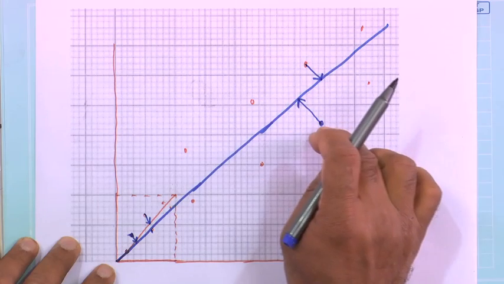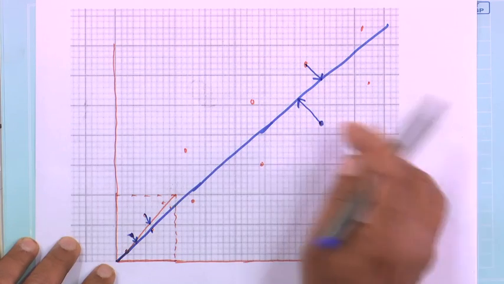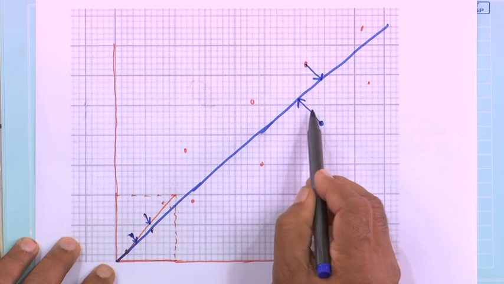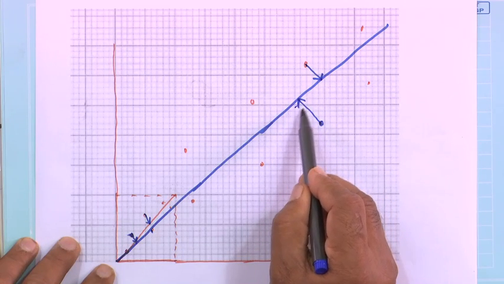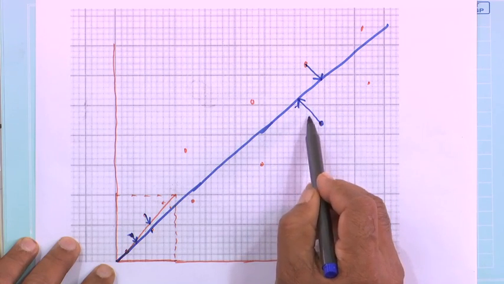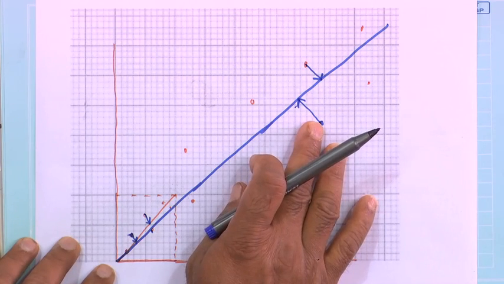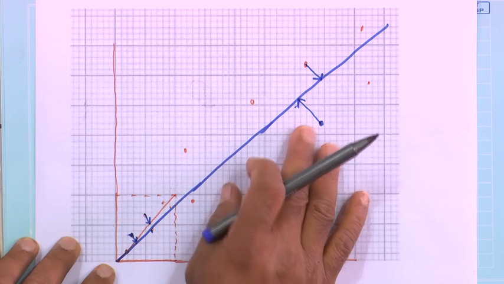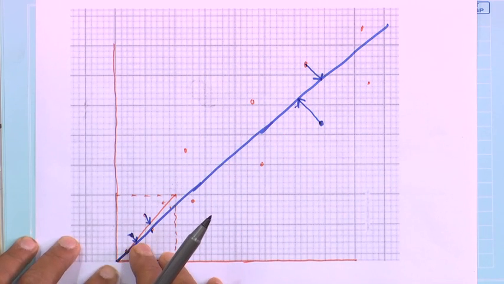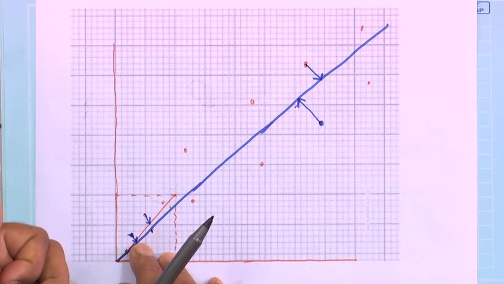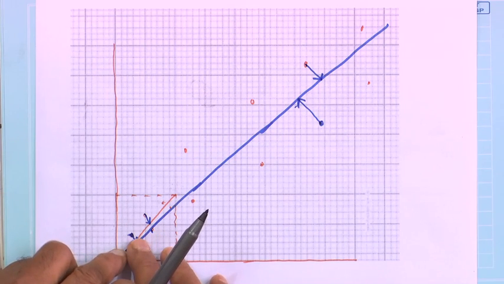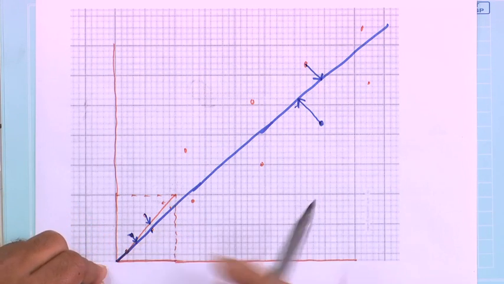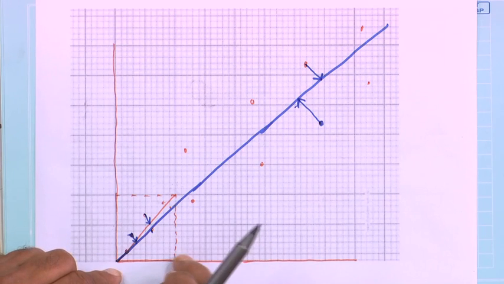So, here you will get it more accurately, because you can count more small square boxes, and that value will be more accurate than this one, because here the scale again has a least count. Okay. So, here the least count is higher. For least count, in this case we will consider the smaller box.